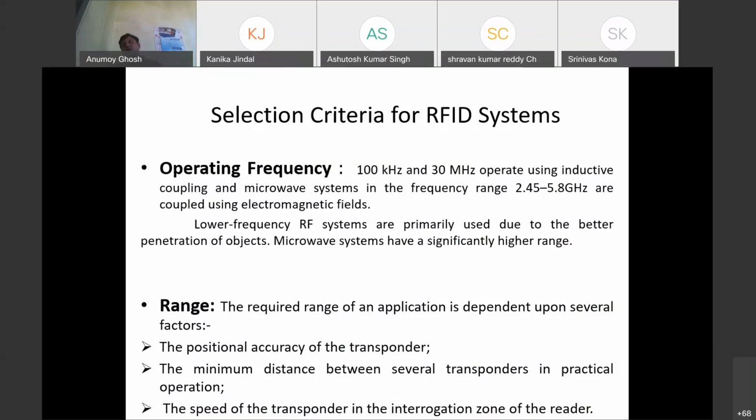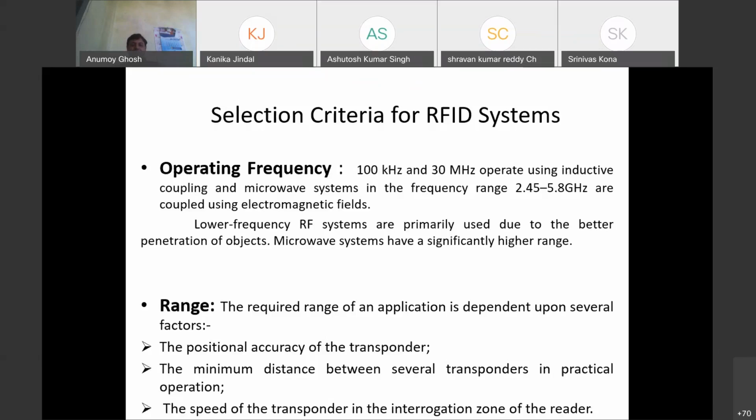So if you want to operate an RFID reader and tag in the near field region, then we will always choose the HF range, from 100 kilohertz to 30 megahertz. But if we want the RFID reader and the tag to interact in the far field region, then the frequency should be in the gigahertz range, from 2.45 to 5.8 gigahertz.